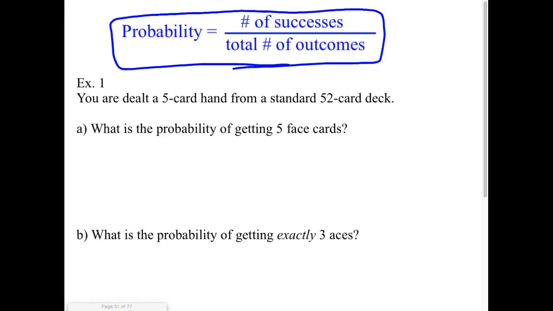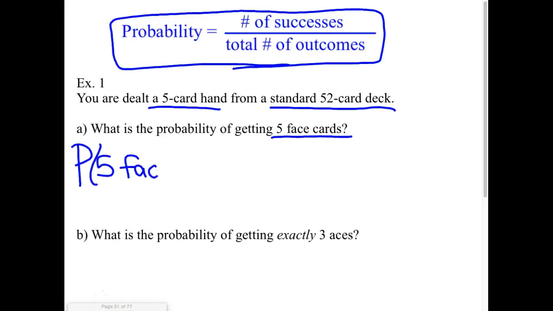So it says we have a 5-card hand from a standard 52-card deck. And the first thing we want to find is the probability of 5 face cards. So I'm going to use P for probability. I'm going to do 5 face, and we'll just say face. We won't write cards because we know we're using cards.